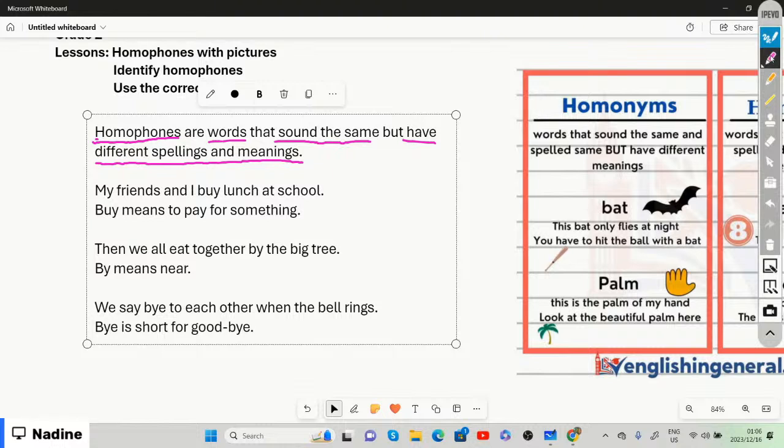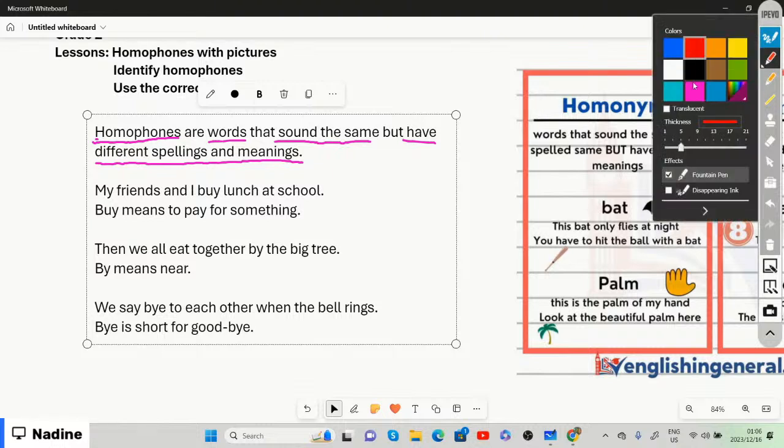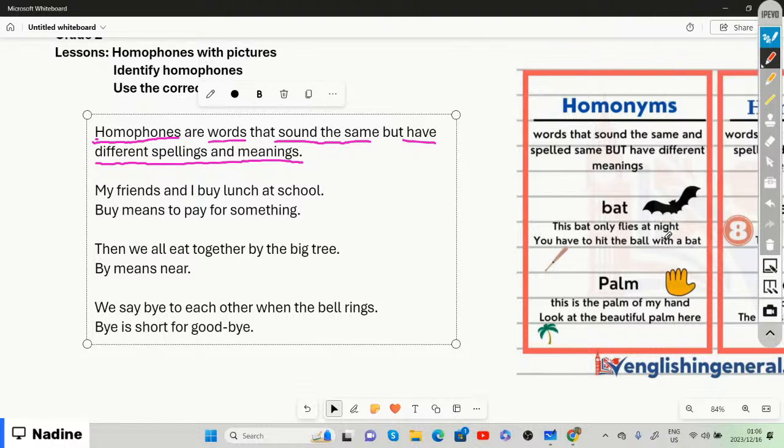And if we look at an example: my friends and I buy lunch at school.